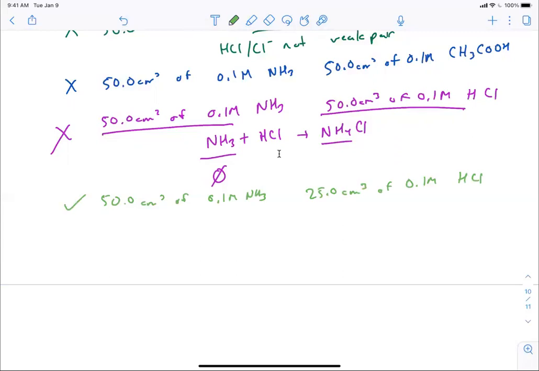And it doesn't have to be exactly half. If you want to make a perfectly balanced buffer, then that works. You just put half of a strong acid or a strong base, depending on what kind of weak acid or base you have. That's a really popular question.